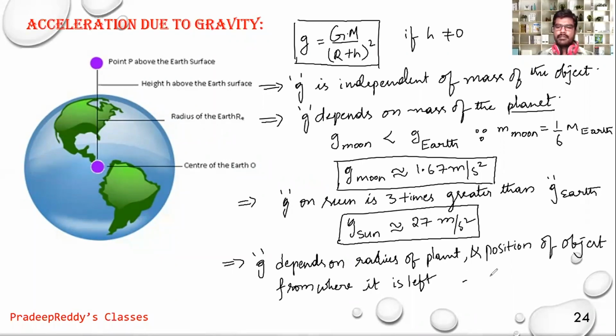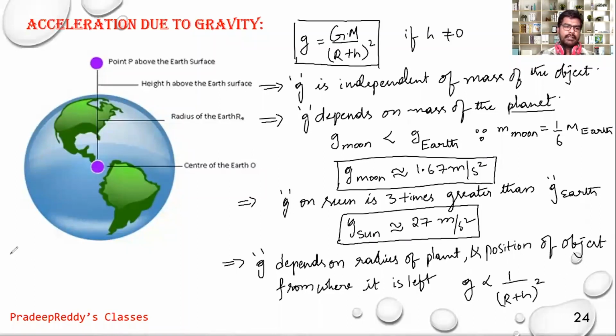So g is inversely proportional to (R plus h) whole square. As h is equal to 0, obviously g only depends upon the planet. If h is not equal to 0, that means you are taking this object to a very large height, which is comparable with the radius of the earth. Then in such cases, acceleration due to gravity decreases. So g decreases with altitude.